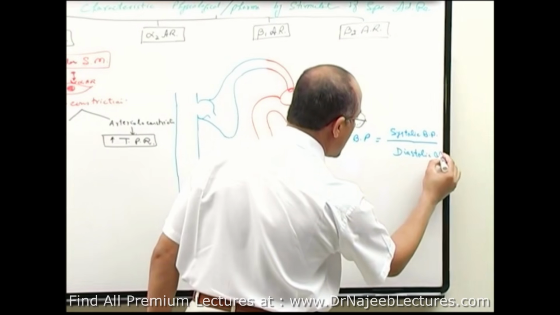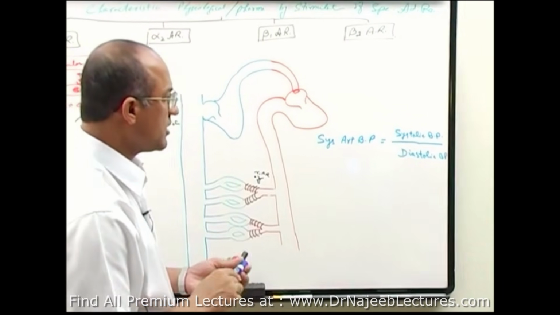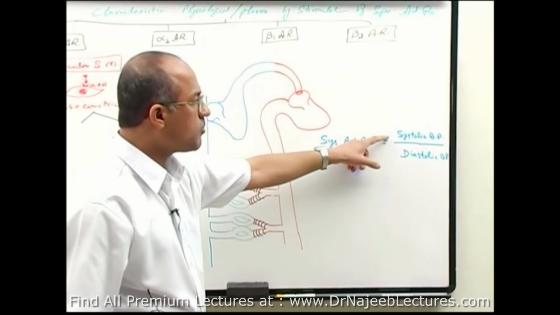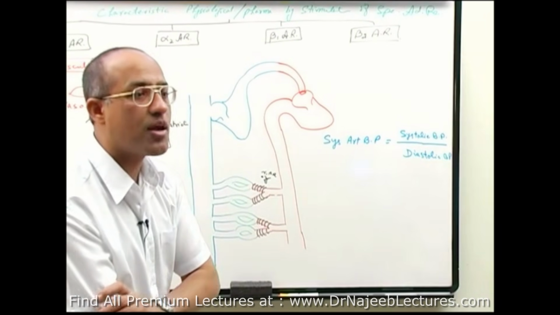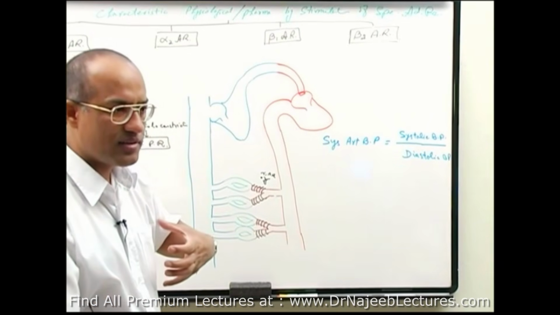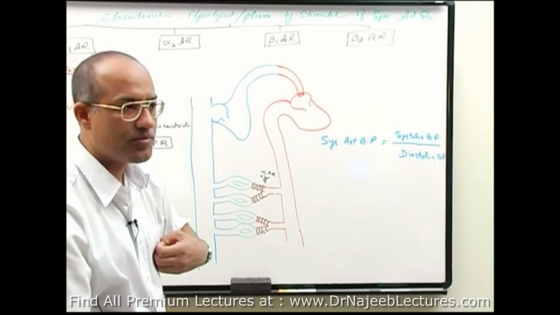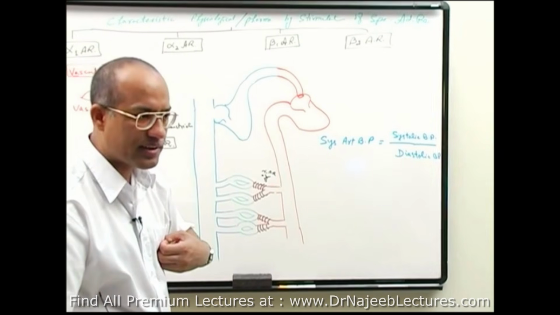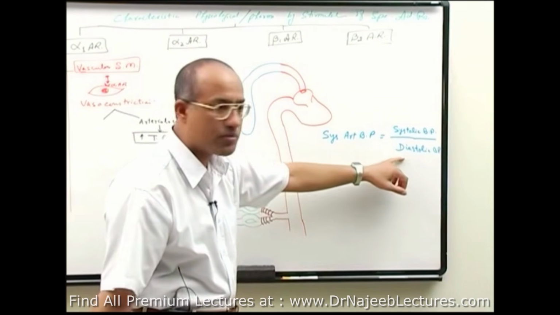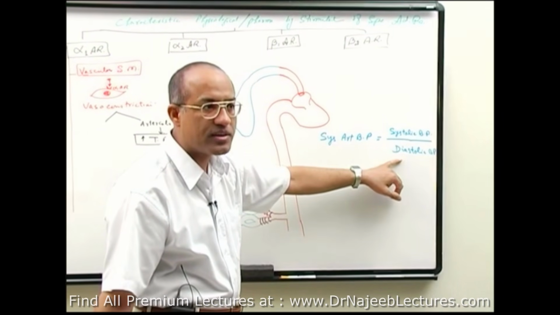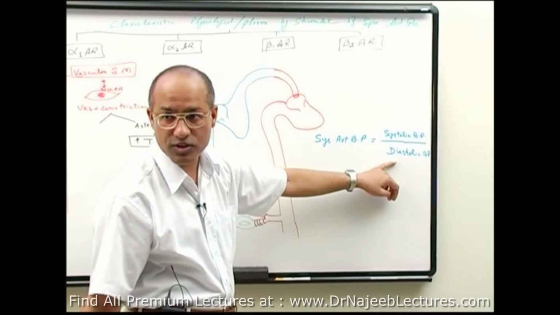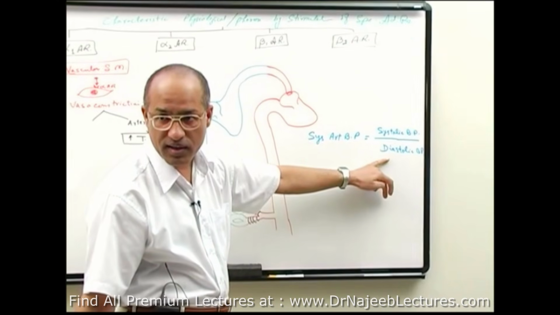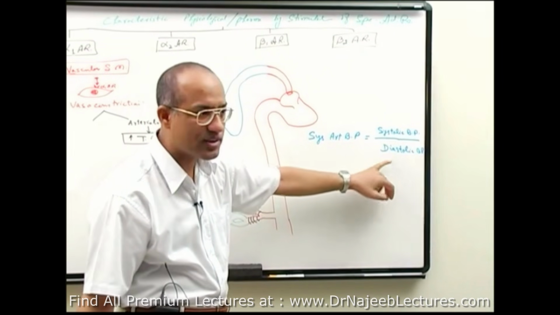blood pressure. Now, you must know that systolic blood pressure is the pressure in the major systemic arteries when the heart is contracting, when the left ventricle is contracting, and diastolic blood pressure is the pressure maintained in the major systemic arterial tree when the heart is relaxing.